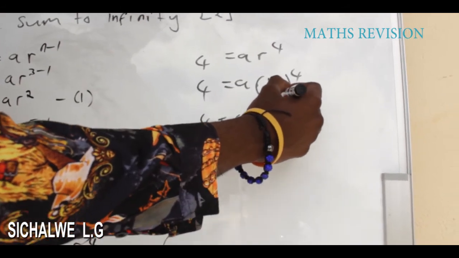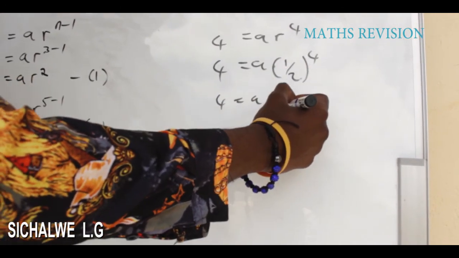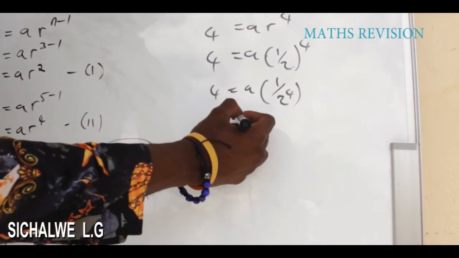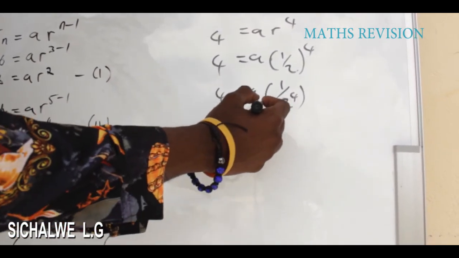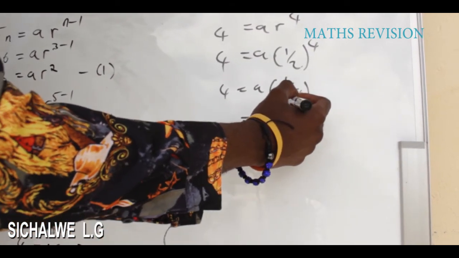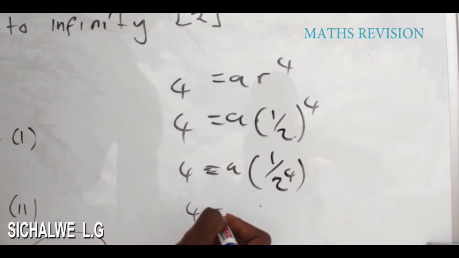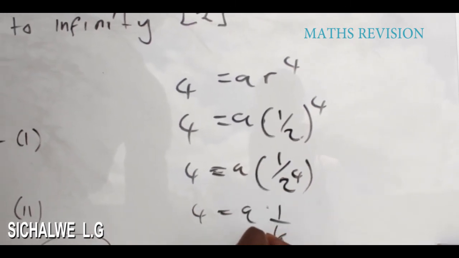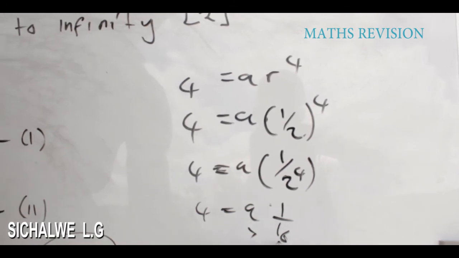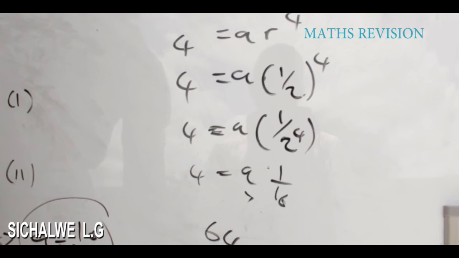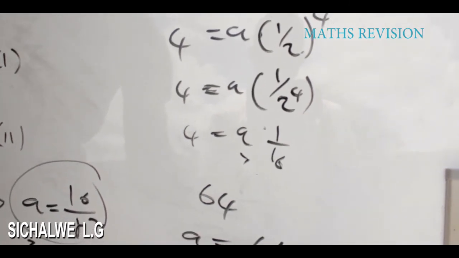When you expand it, we have 4 is equal to A times 1 over 16. When you cross multiply, 16 times 4 gives us 64. Therefore the value for A is equal to 64.